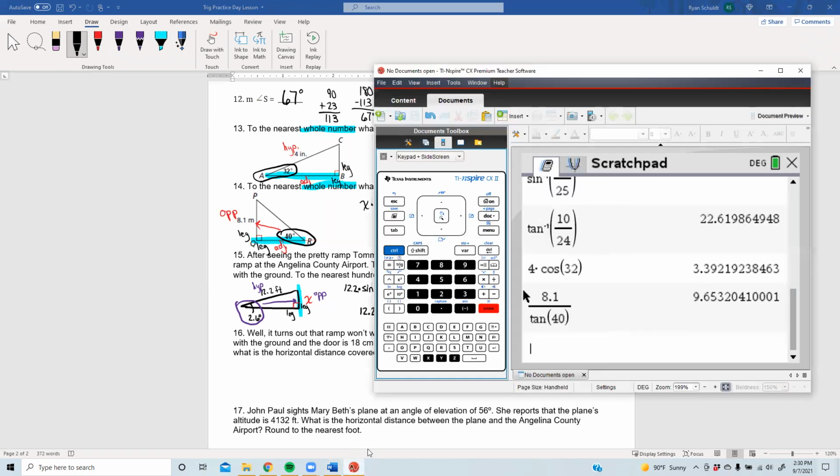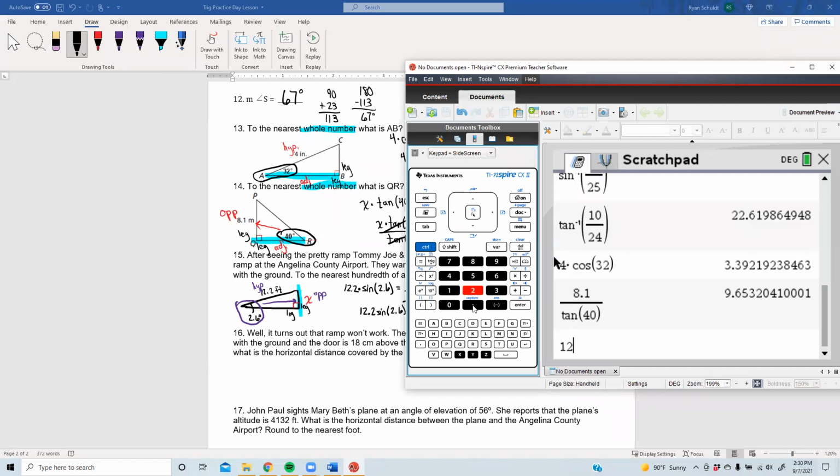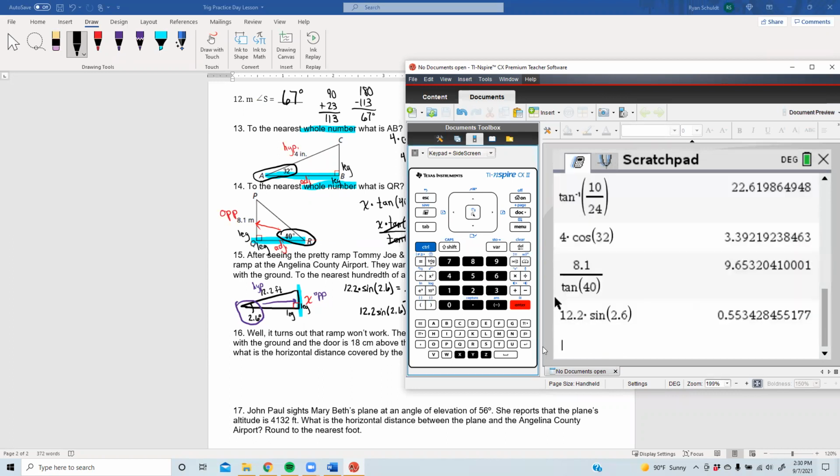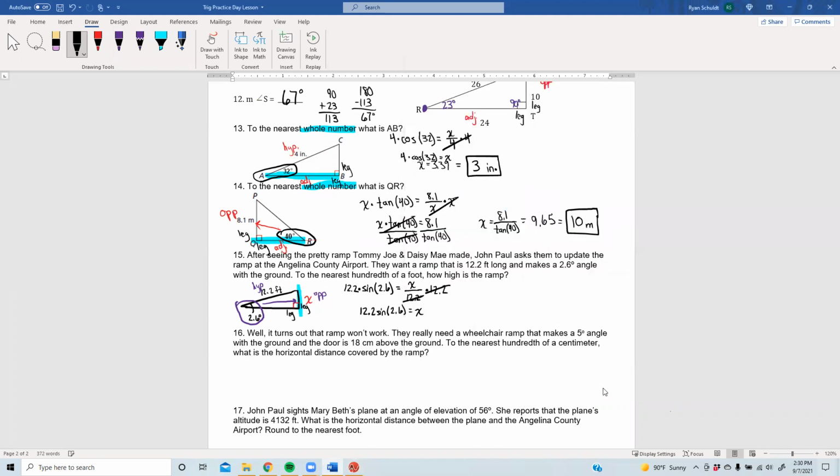Yes. So let's type this in our calculator. 12.2 times the sine of 2.6. 0.55. So to the nearest hundredth, it's going to be 0.55 feet. That door is not very tall then. It's only half a foot up in the air.